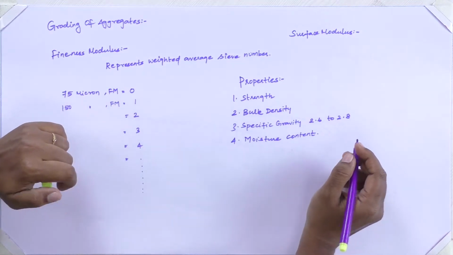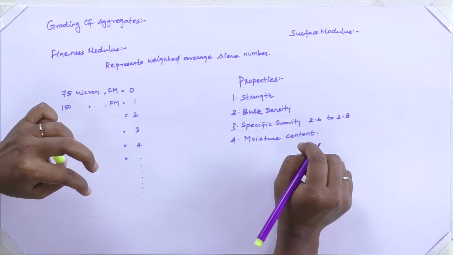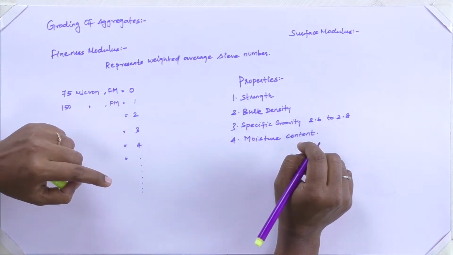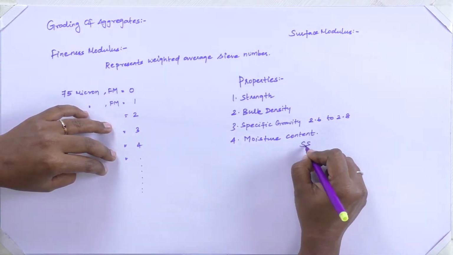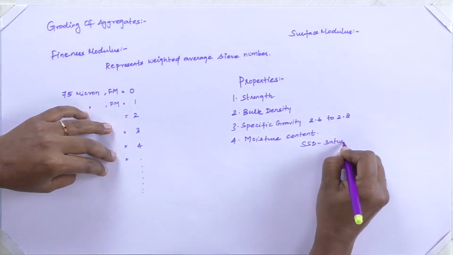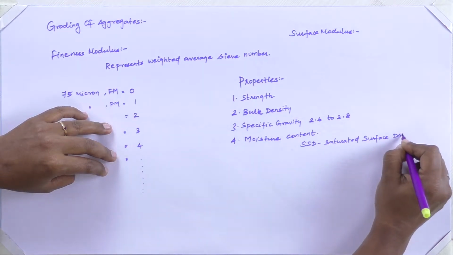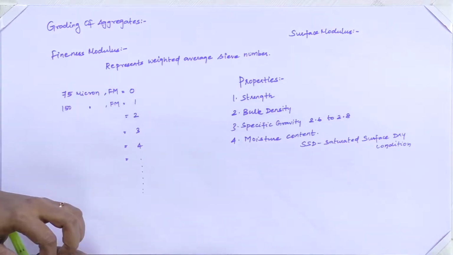One is bone dry or oven dry, next is air dry, third is saturated and surface dry condition, and the fourth is the moist condition. Among the four, the saturated surface dry condition aggregate will be chosen for making the concrete.